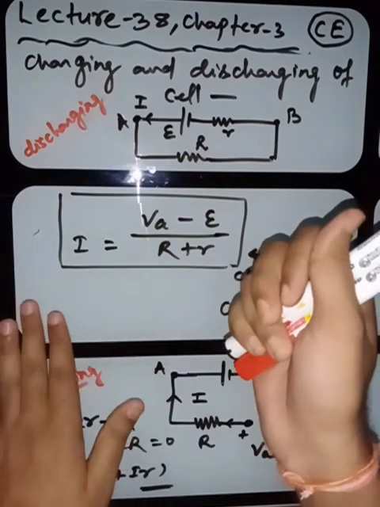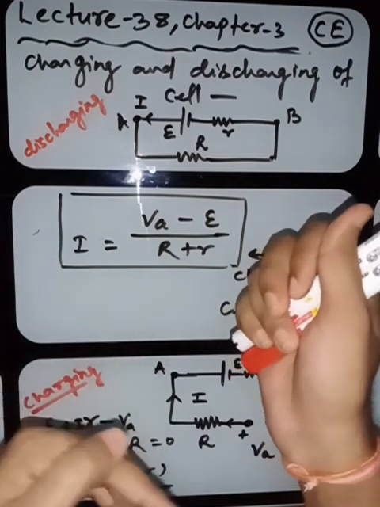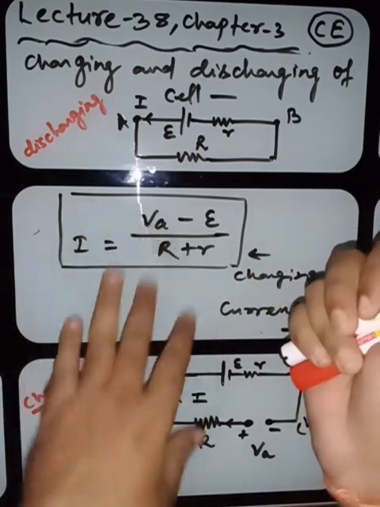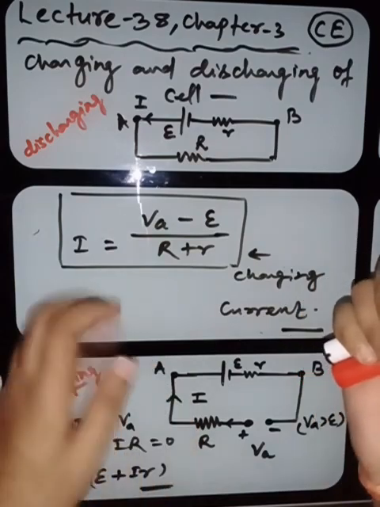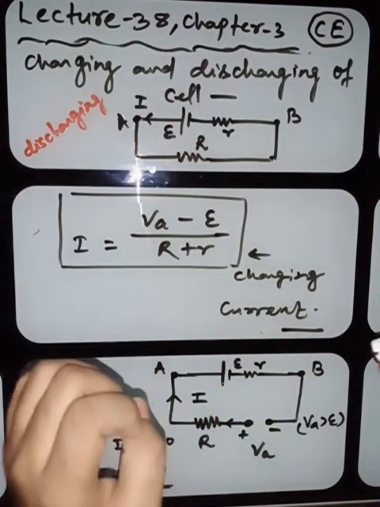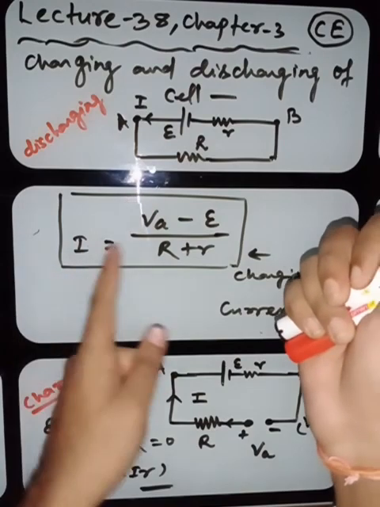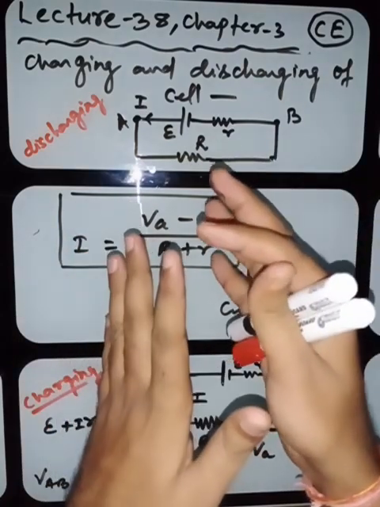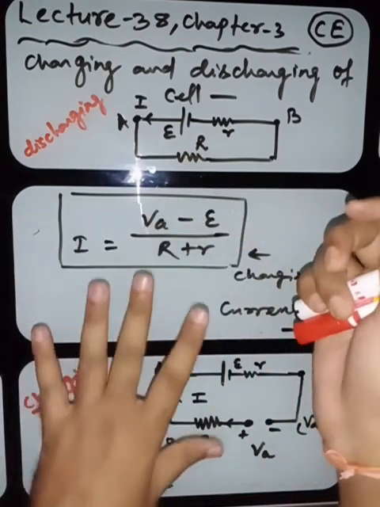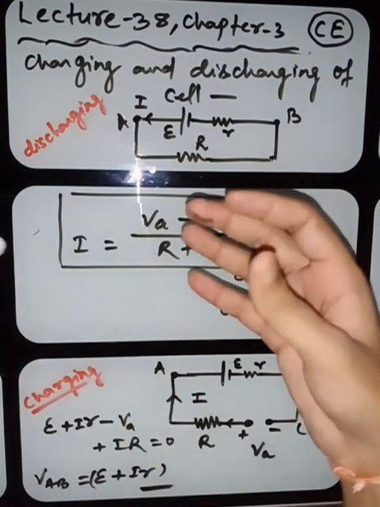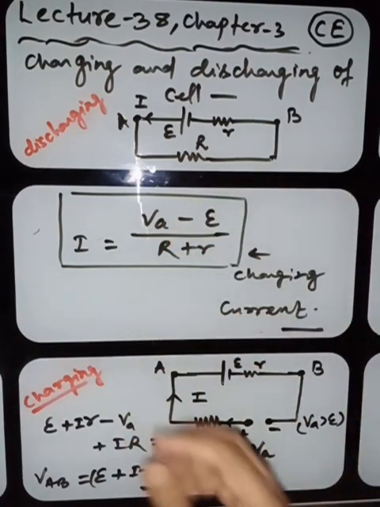That is, when the current through the circuit is 0, then the net potential will be the net EMF, that is, the EMF will be the potential difference. Today we studied this. Okay, my dear students, in the next lecture we will start from the plot of terminal voltage and current to study more about the cell and battery. So we are concluding today's lecture, my dear students. Thank you very much.